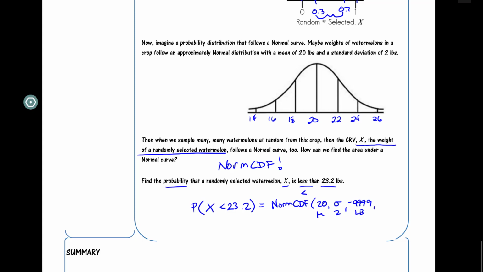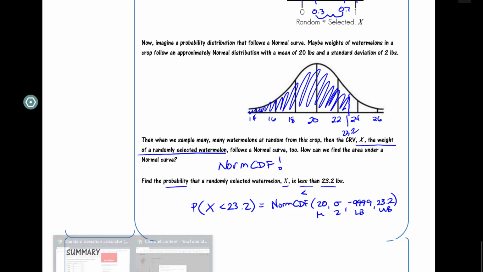I'm looking at less than. And then we're going all the way up to the max weight that we want in this setting, 23.2 pounds. Right? Here's about 23.2. And we are looking at everything that would be less than that. That represents all of these values here on the left-hand side. And that's going to be the area that we want.